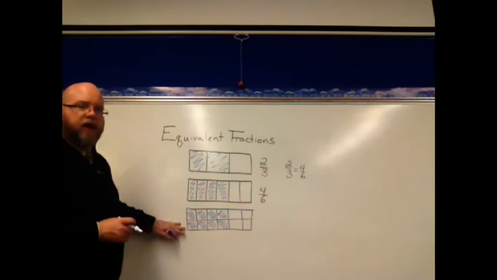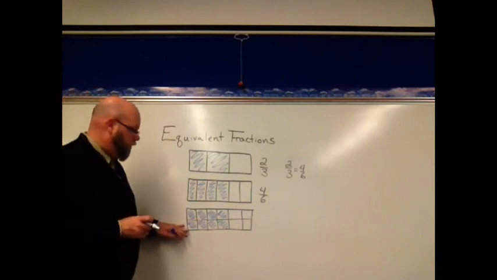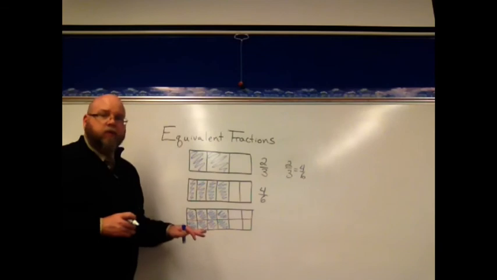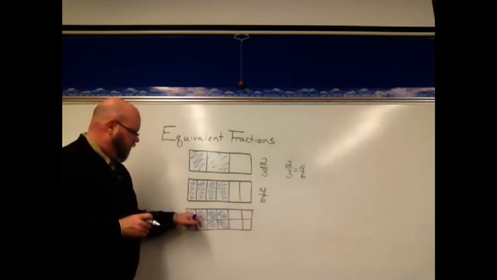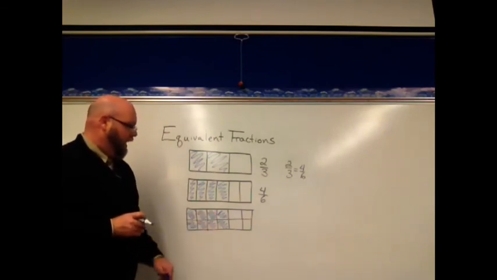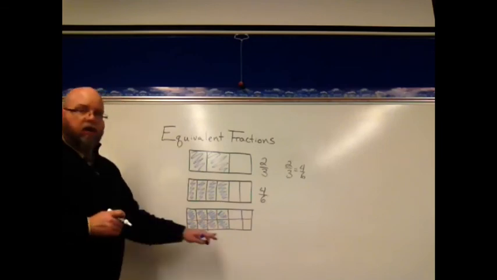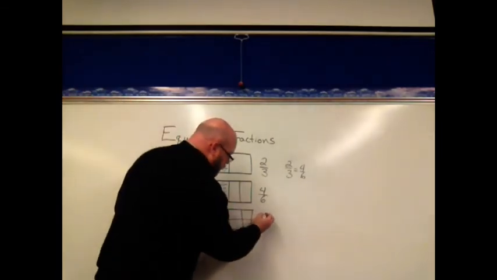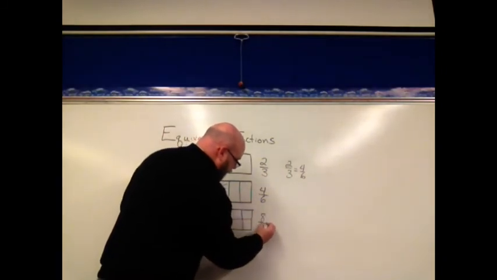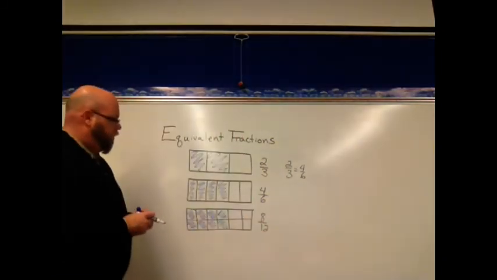Well, I look down at this one, I have yet another whole. This one's divided into 12 equal pieces. 1, 2, 3, 4, 5, 6, 7, 8. 8/12 are colored blue. Okay.